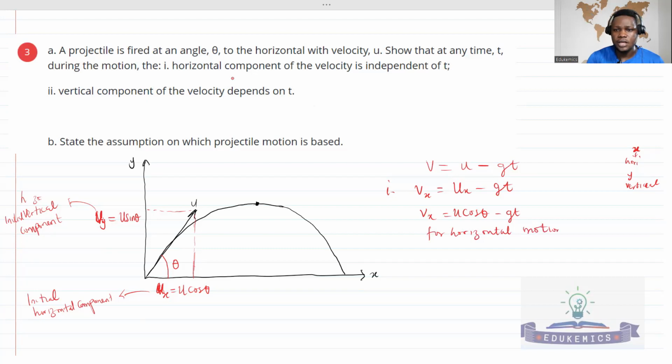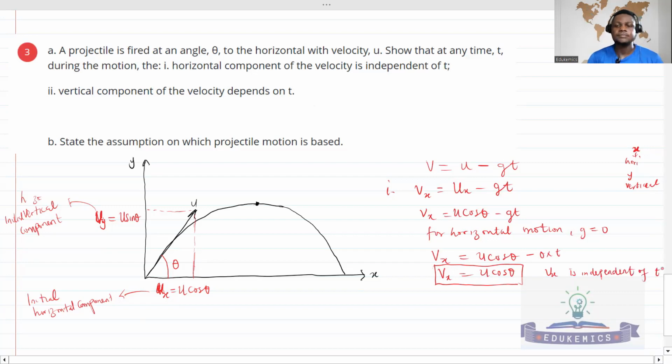So g becomes 0, and Vx becomes u cos theta minus 0 times t. So I'm left with Vx equals u cos theta. We can see it's been proven: there's no t in this equation, showing that Vx is independent of t.